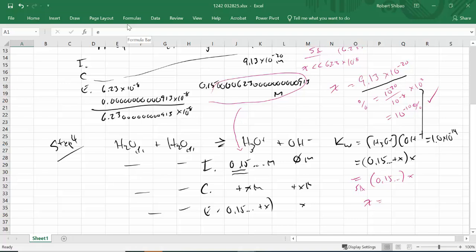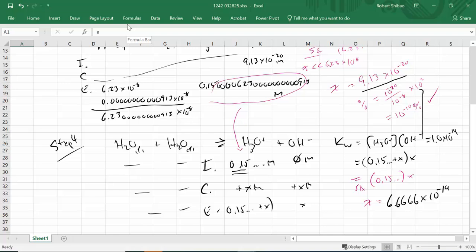Equals. And so I'm going to get 6.666 times 10 to the minus 14. There's actually 4 sixes that go after this. And then it changes, so it's not repeating 6.